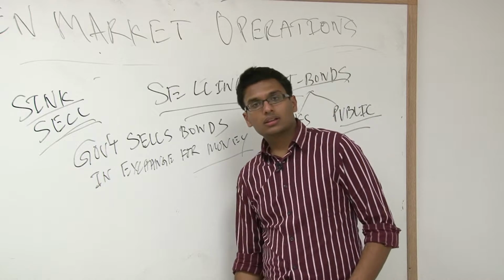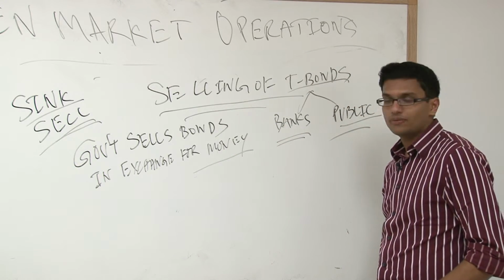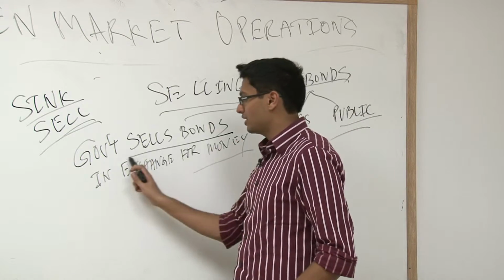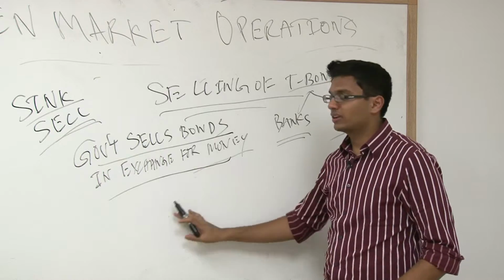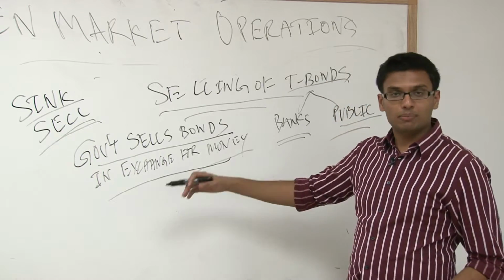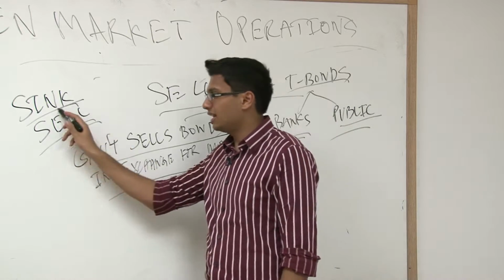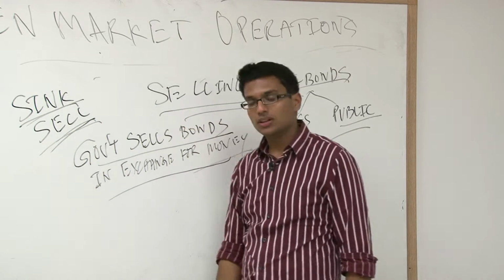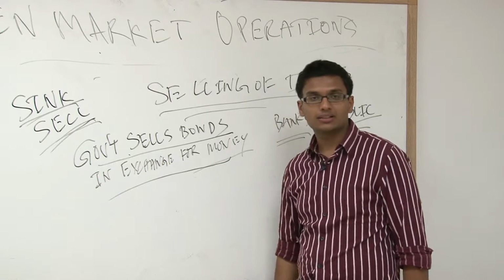Government sells bonds in exchange for money. Straightforward, simple. Pretty much the exact opposite. Last time they were buying bonds, which means they were getting bonds and giving money. In this case, they want to sink the prices, so they're trying to sell the bonds. If they sell the bonds, they get money back.